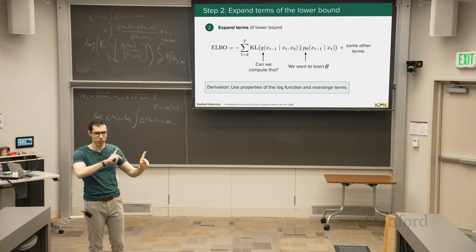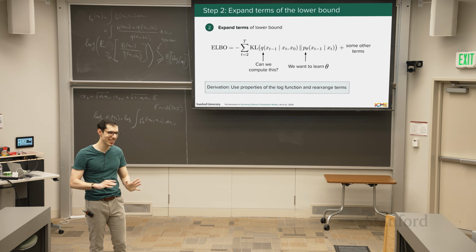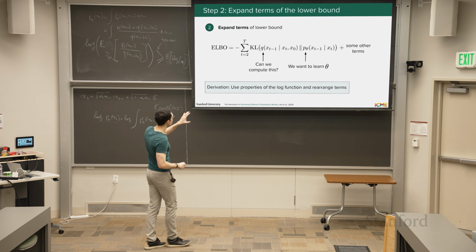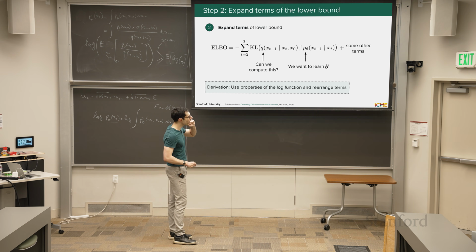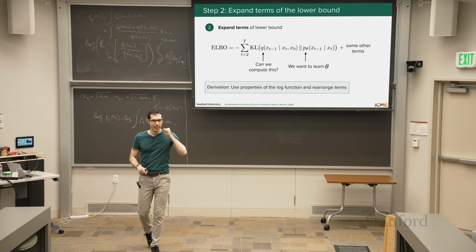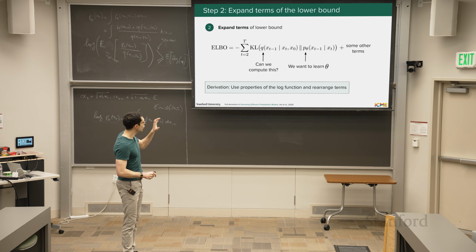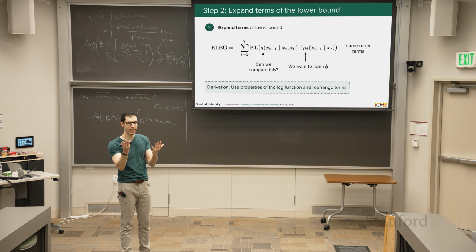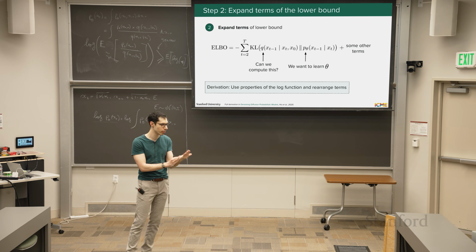I will need you to trust me that this is equal to this. So why are we happy? Because we have a clear comparison between two probability distributions, one that we care about, and another one that is potentially tractable.